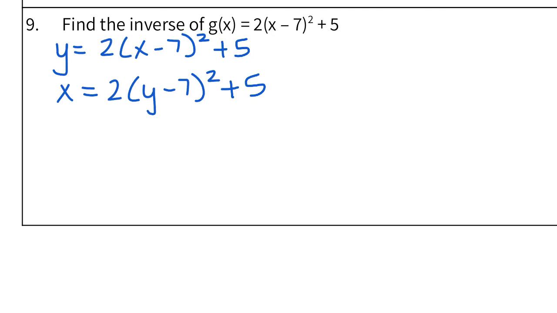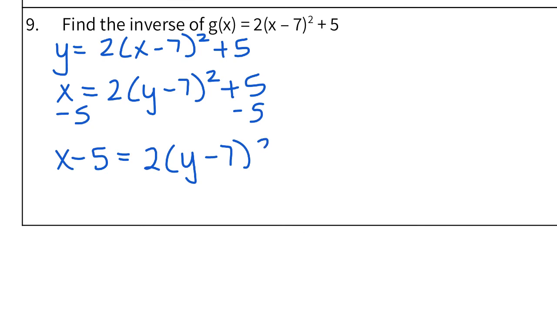Okay, so we want to solve for y. The first thing you could do is subtract your 5. So x minus 5 equals 2 parentheses y minus 7 squared. Then the 2 that's in front of the parentheses, I want to divide that out.